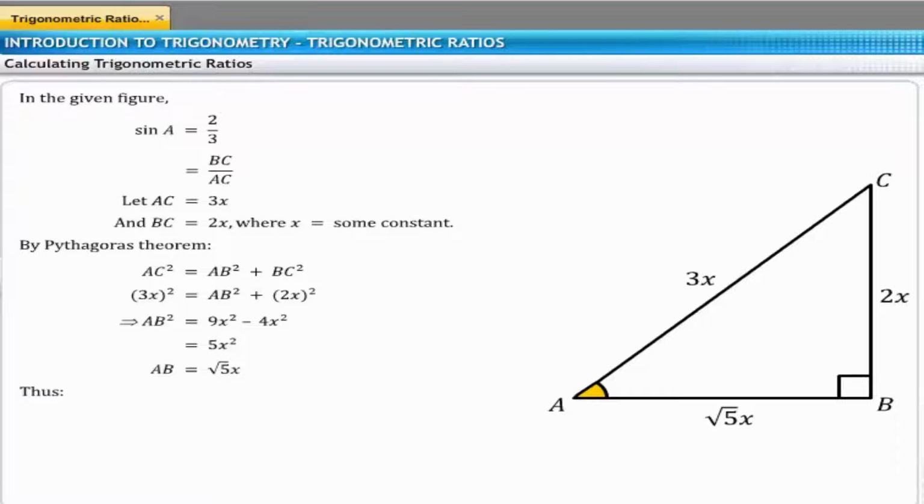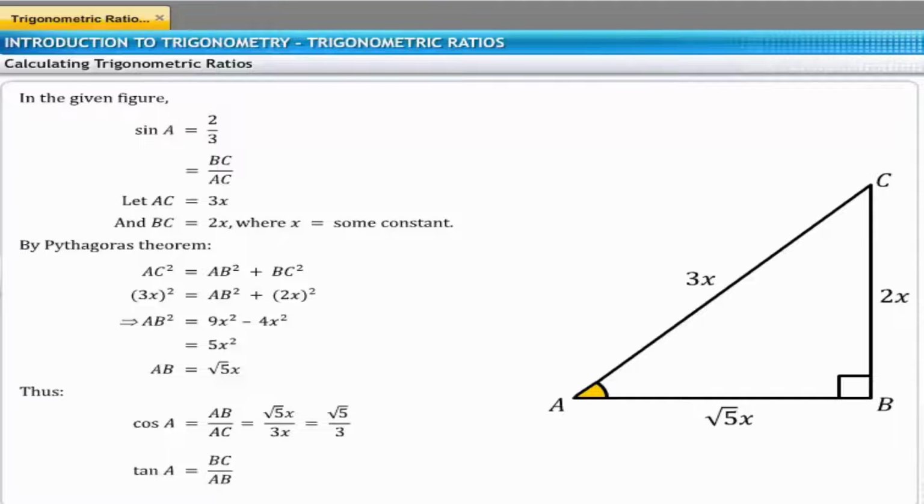Now, since we know the values of all three sides of triangle ABC, we can calculate all other trigonometric ratios. For example, cosine of angle A is equal to root 5x upon 3x, or root 5 by 3.